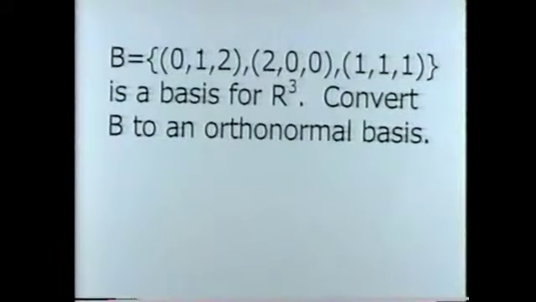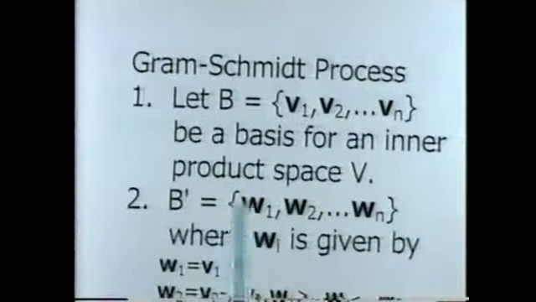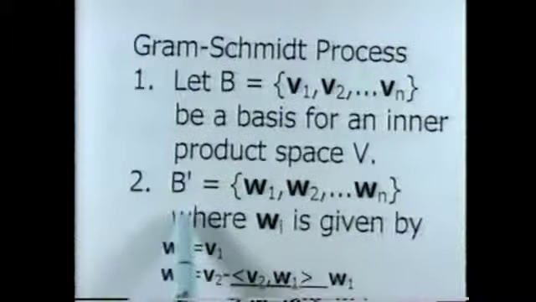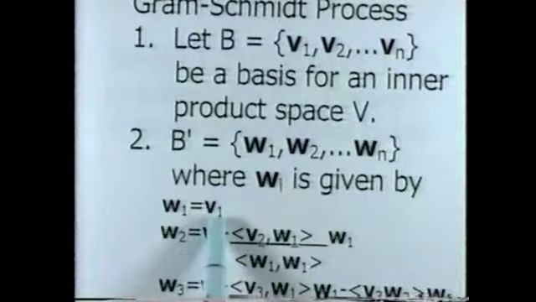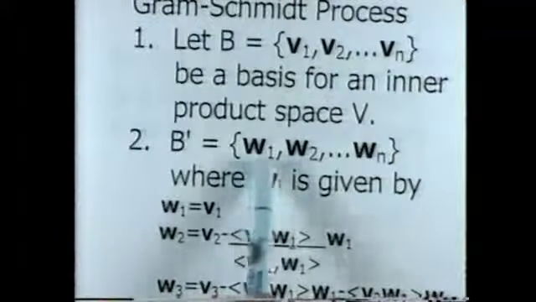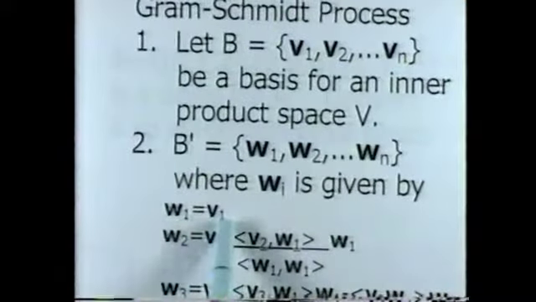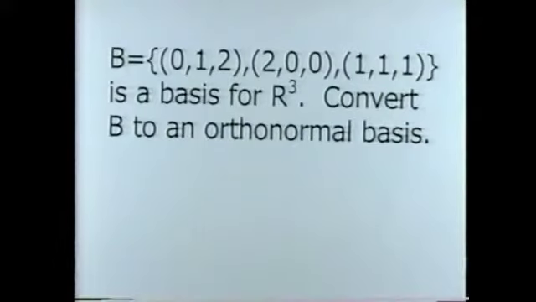Well, first of all, let's apply the Gram-Schmidt process to get an orthogonal basis. What we want to do first is let W1 equal V1. In other words, we're trying to get B prime, which would be the W's, and we need to let W1 equal V1.